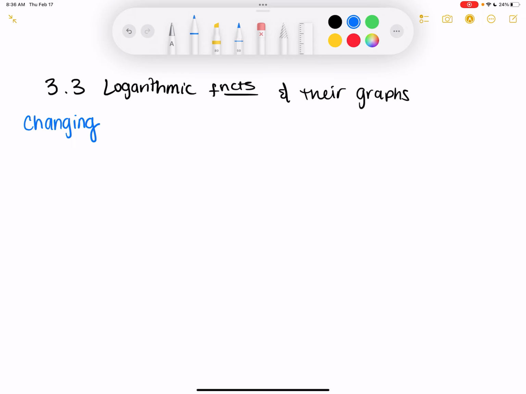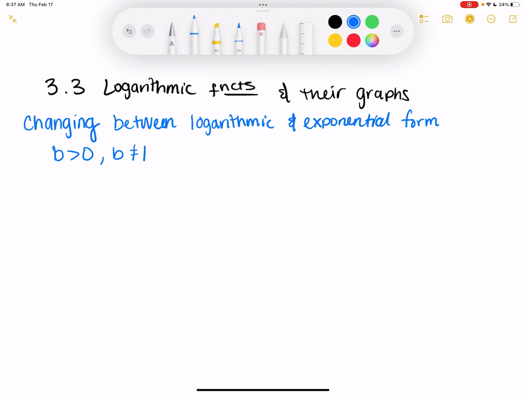All right, changing between logarithmic and exponential form. This should mostly be a review from last year. B is greater than 0, B is not equal to 1, and n is greater than 0.